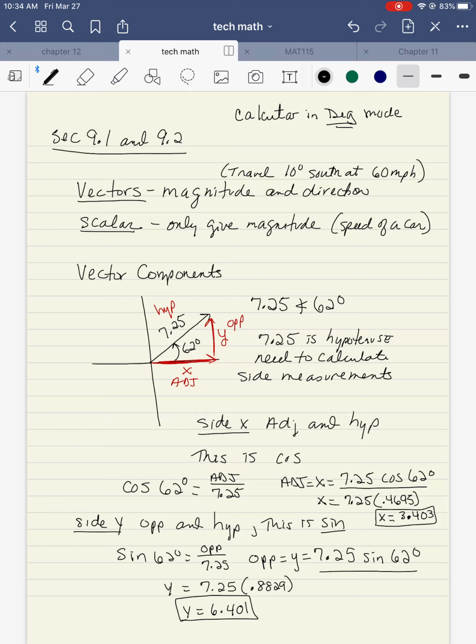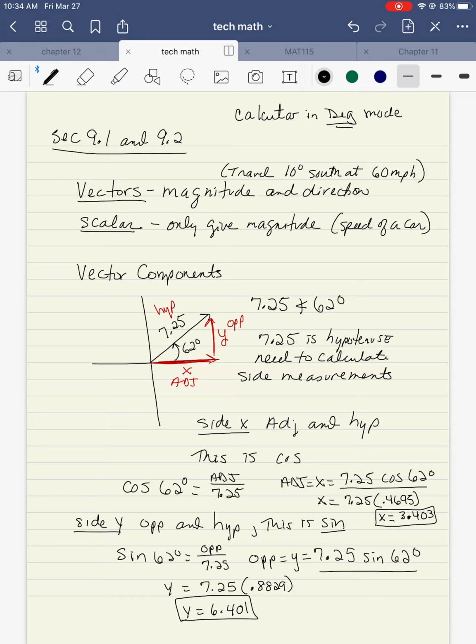So side x, since I know the hypotenuse, is going to use adjacent and hypotenuse. Remember, when you're using the trig functions, you always have to have one of the values. So I need the x, which is adjacent, and I have hypotenuse, which is 7.25. Adjacent and hypotenuse is cosine. So I can set this up. The cosine of 62 degrees is equal to the adjacent side over 7.25.